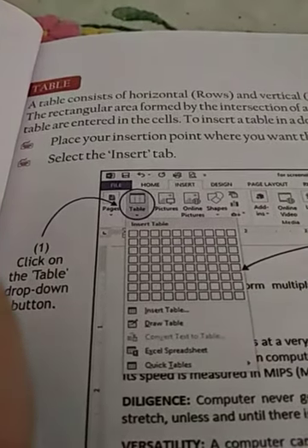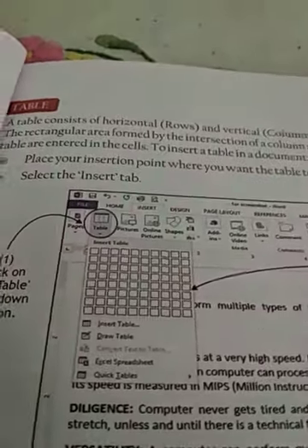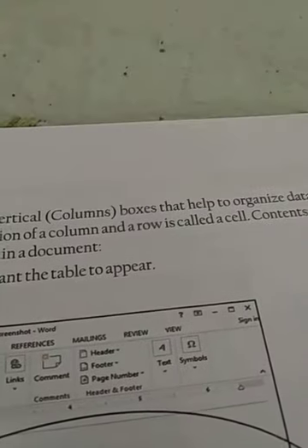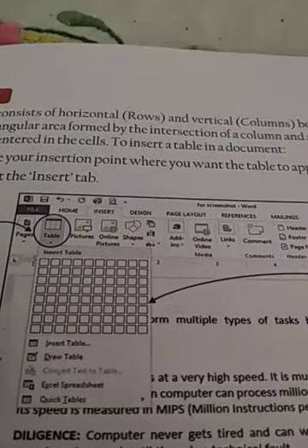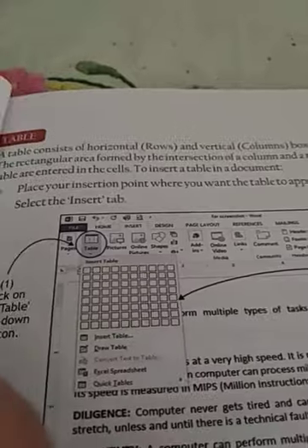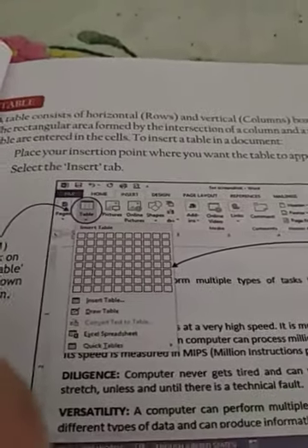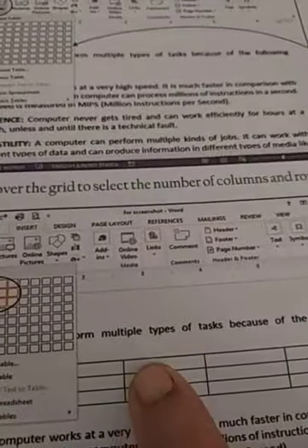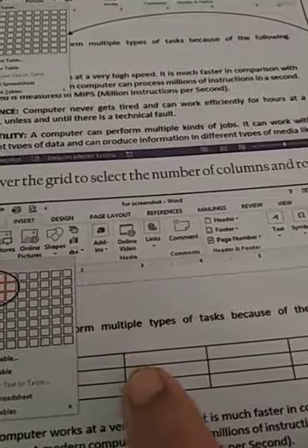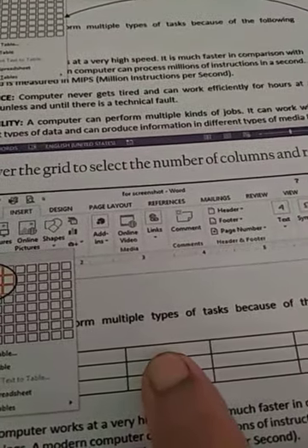Now, the rectangular area formed by the intersection of columns and rows is called a cell. An important part of the table is the cell. First I'll show you the figure and then I'll make you understand. This single portion is called a cell.